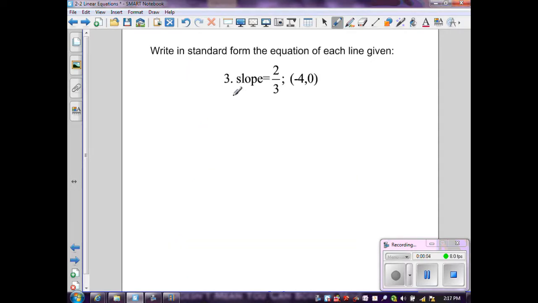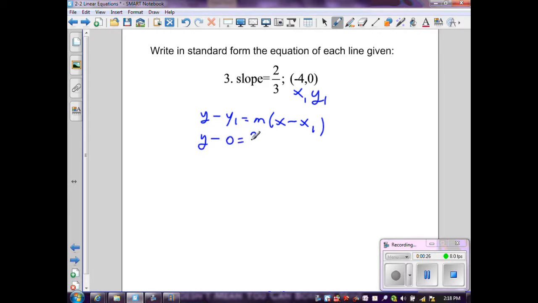Our third example, we have a slope of 2/3 and an ordered pair of negative 4, 0, letting that be x1, y1. Let's substitute into our point-slope formula. Y minus y1 equals m times x minus x1. Bring down the y. Y1 is 0.